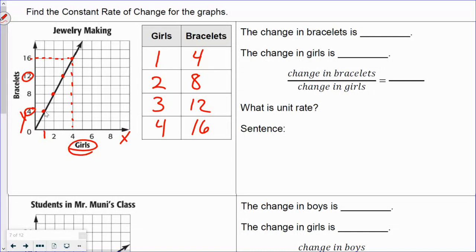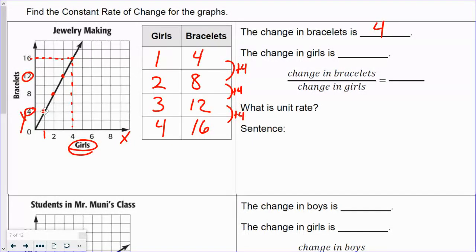Then we can use the table to also help fill in our information that we're trying to find. So how does the bracelets change from one unit to another? Well, when I look at this one, it goes up by 4, up by 4. So it's constantly changing up by 4. Okay.